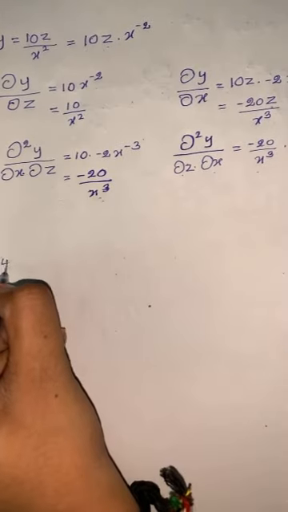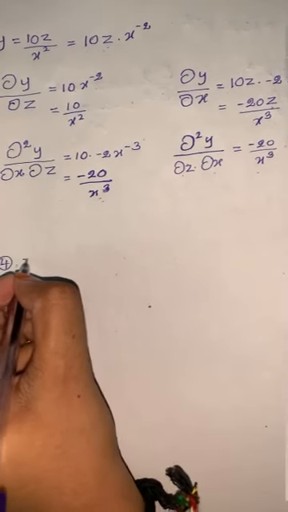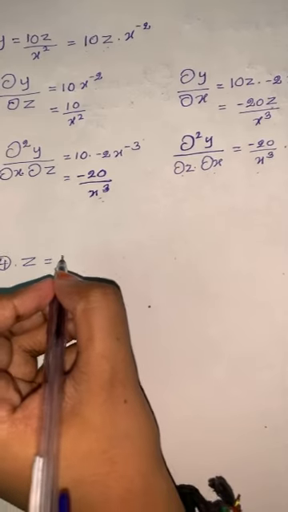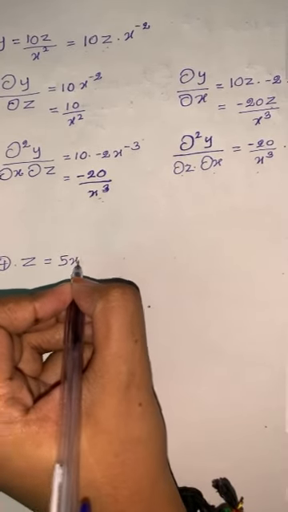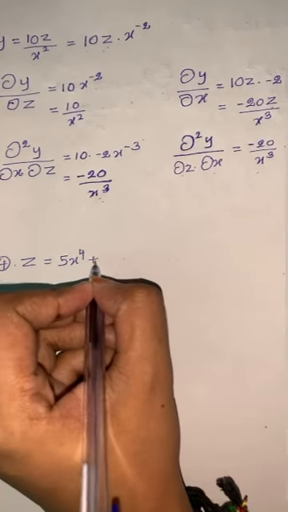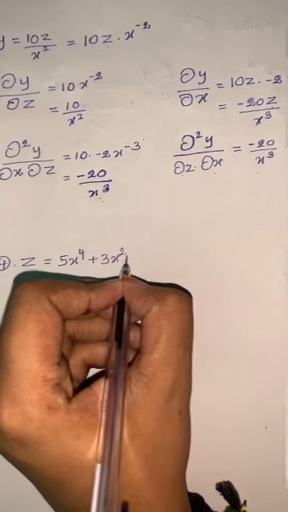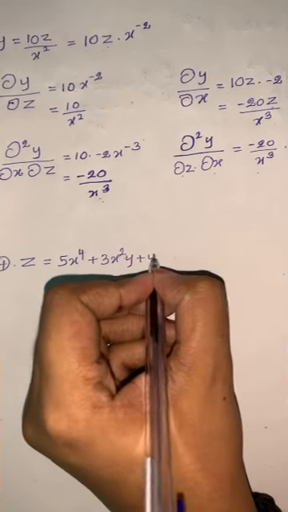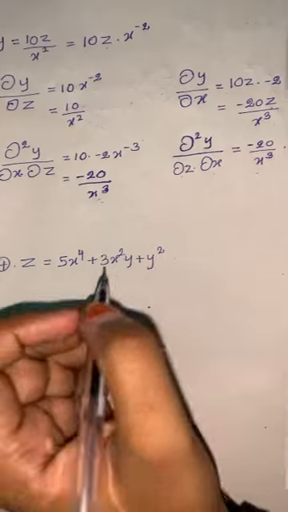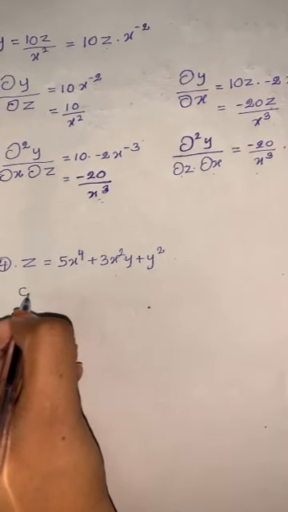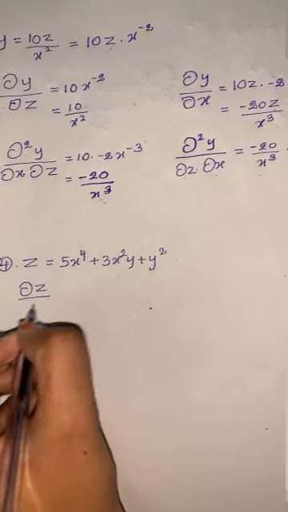So the fourth question is z is equal to y into x to the power 4 plus 3x to the power 2 into y plus y to the power 2. So let's do it with respect to x first.